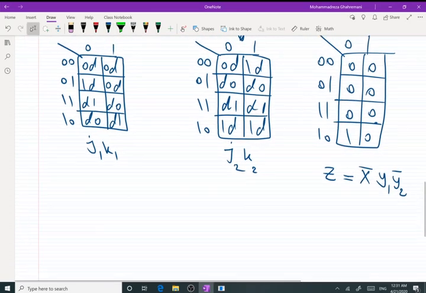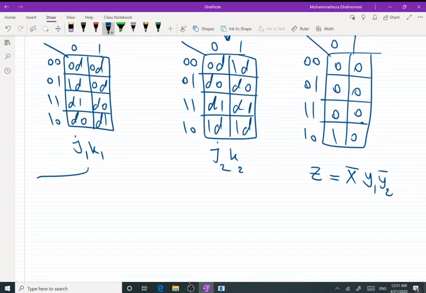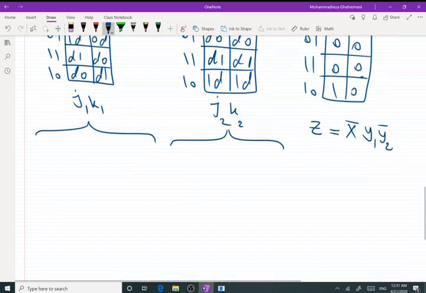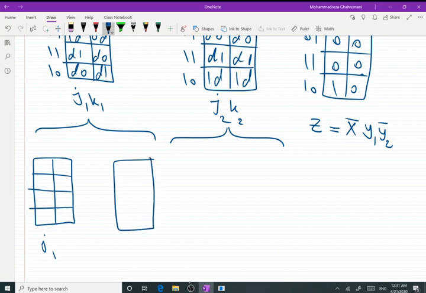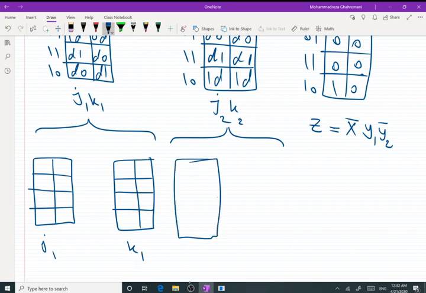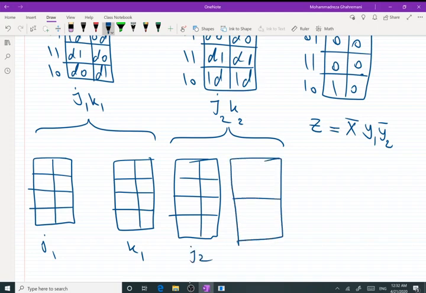Each of these tables can be split into two tables for J and K. So we have a table for J1, another table for K1, and again for J2 and K2.